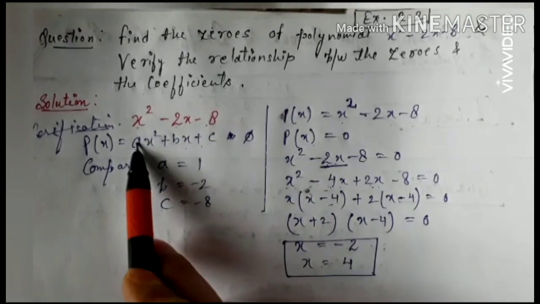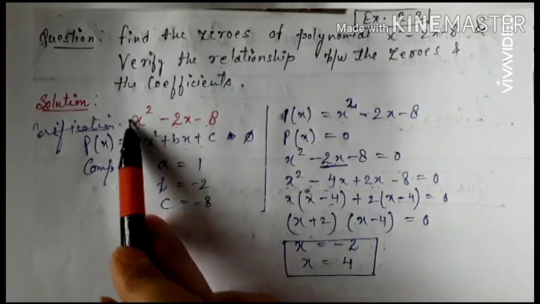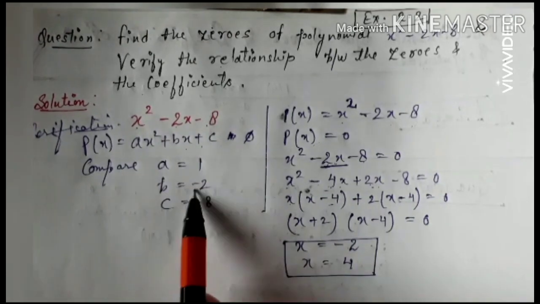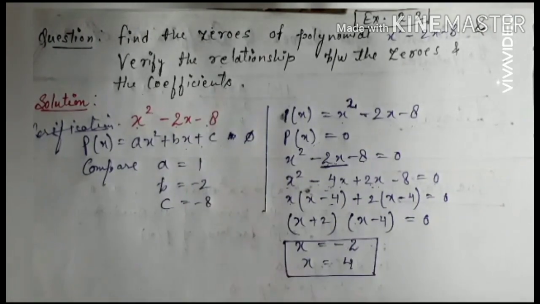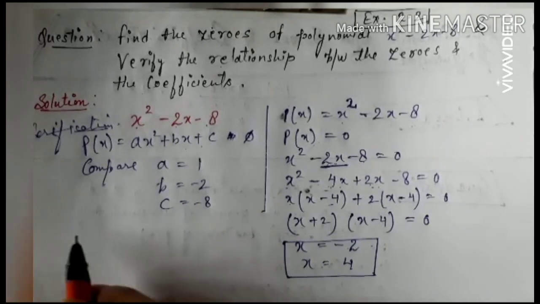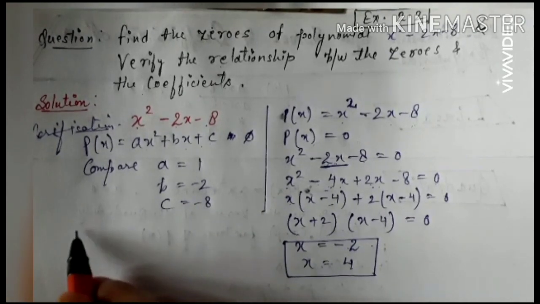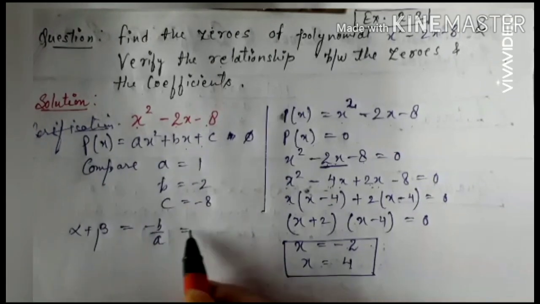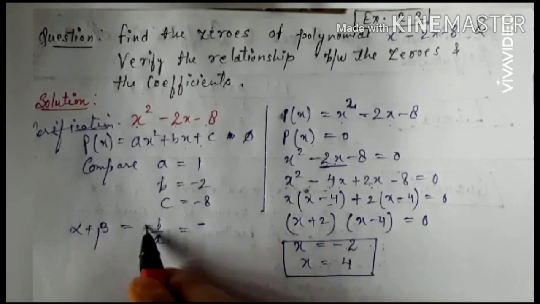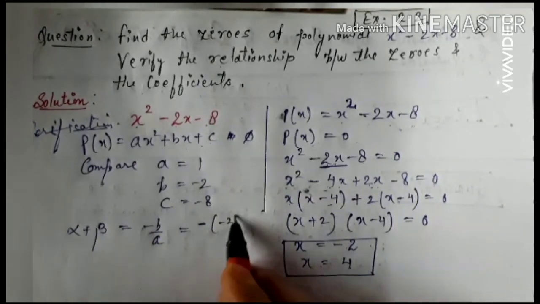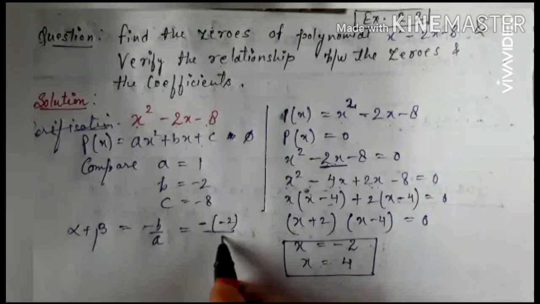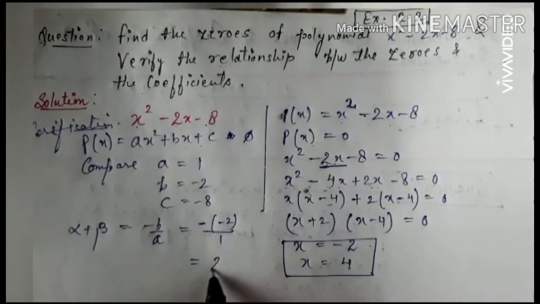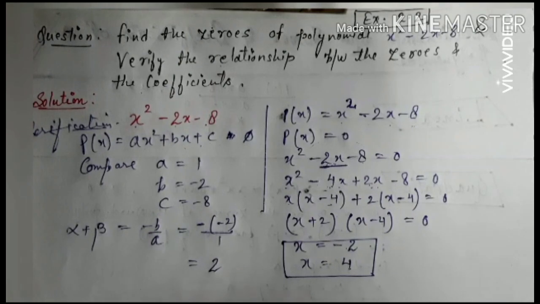Compare these: a is 1, b is minus 2, c is minus 8. Now tell me the sum of the roots. It is minus b by a, so b is minus 2 and a is 1. So minus minus is plus, so this becomes 2.